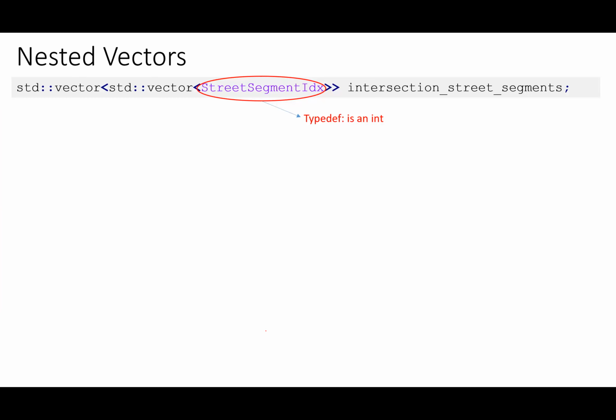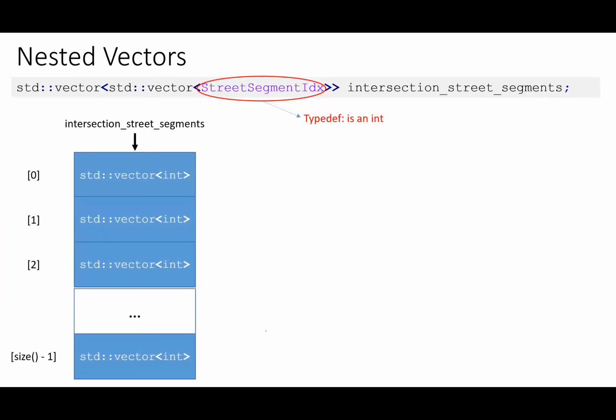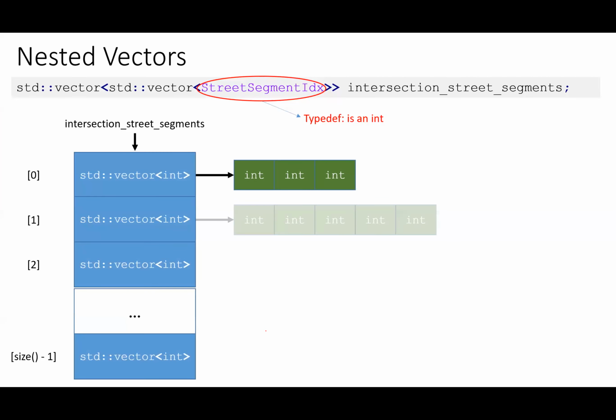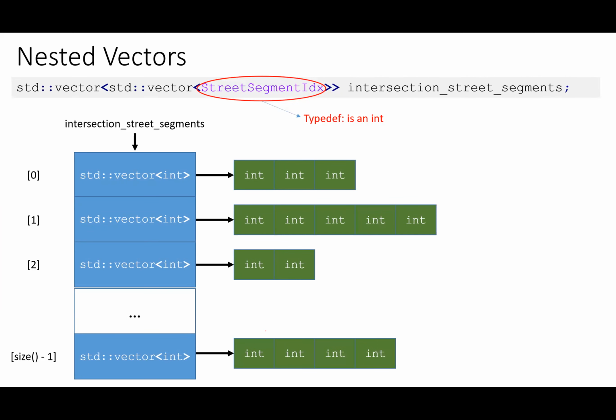So let's just look at what it looks like. What does a vector of vectors look like? Well, index 0 of the first dimension refers to an entire vector of integers. Index 1 also refers to a different vector of integers. Each of those vectors, I could look inside, and there would be a bunch of integers. So it's kind of like a ragged matrix, a matrix where the rows don't all have to be the same size.